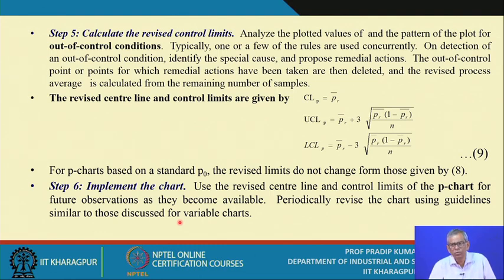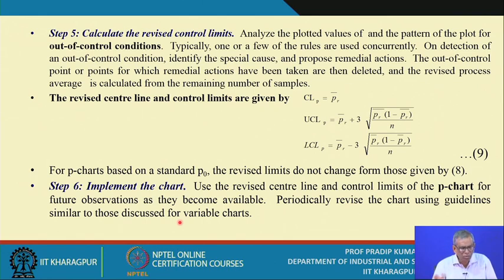So you have to remove those 2 or 3 values from the list, assuming that they are due to the occurrence of assignable causes. Assignable causes are identified, and then the remedial or corrective actions are taken to remove those causes. That's why these points are removed.